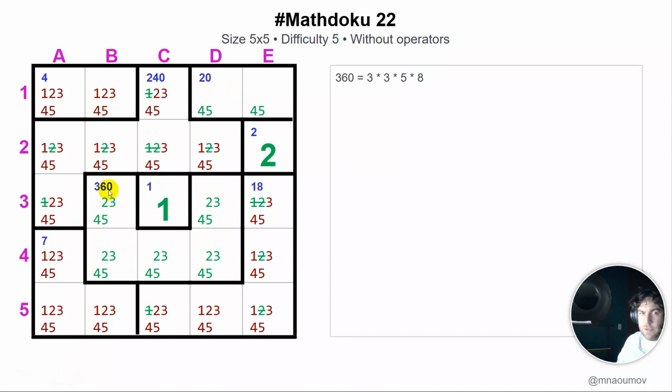Well, first of all, obviously it's multiplication. And second, note that 360 is 3 by 3 by 5 by 8. So three of the cells have to be 3, 3, and 5.